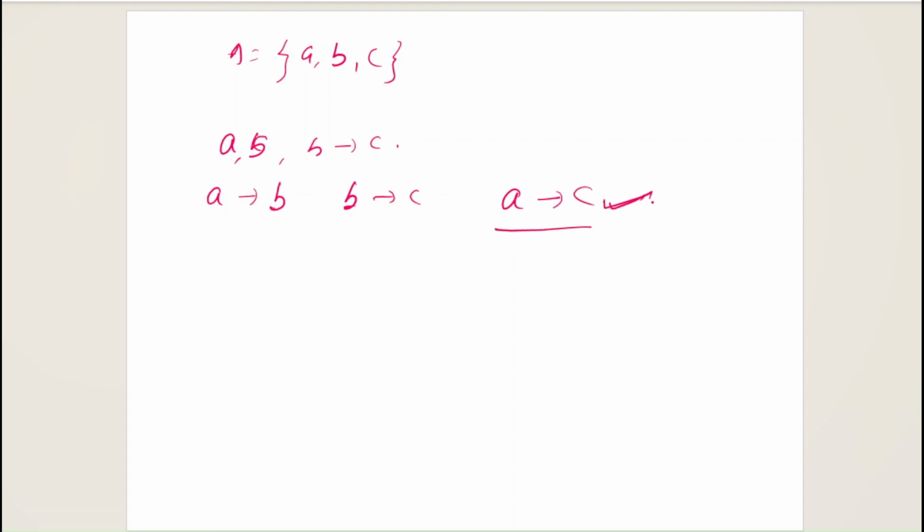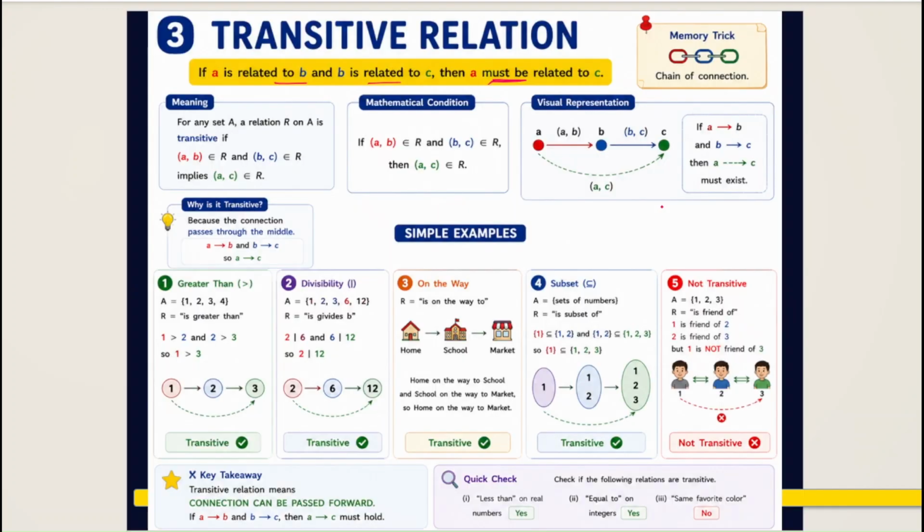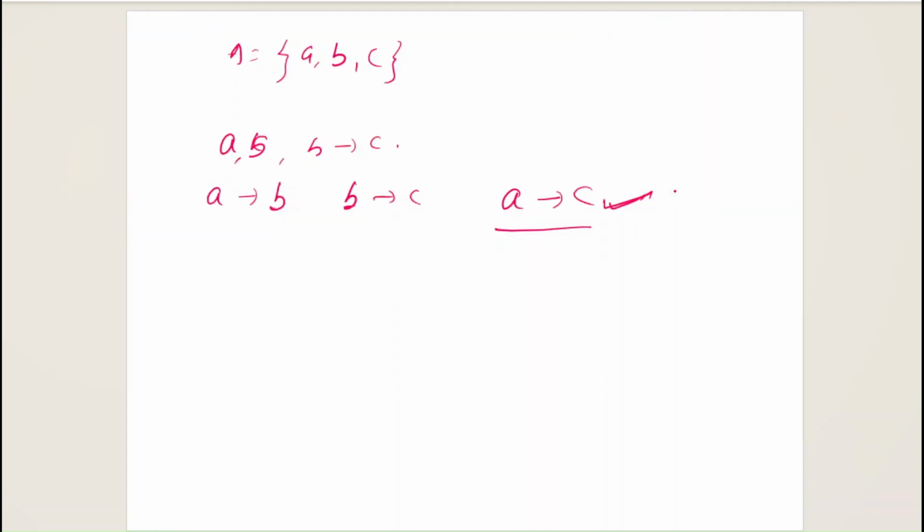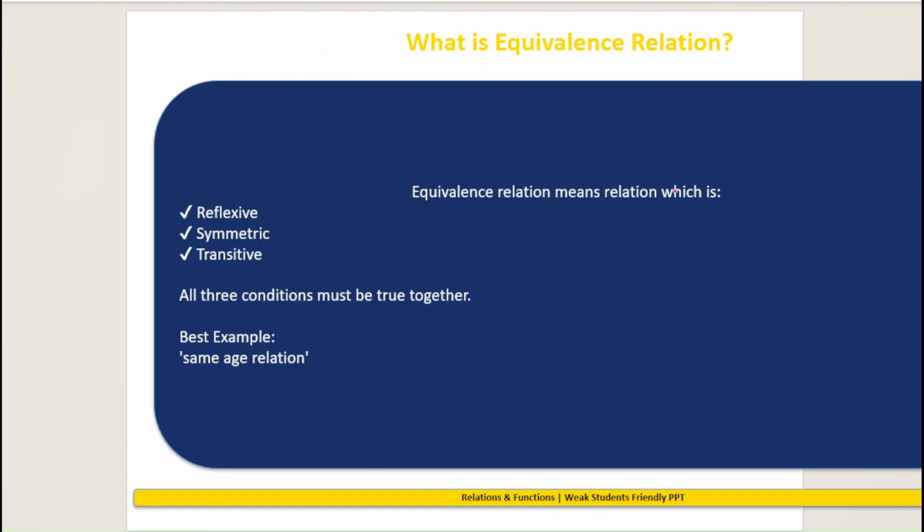This condition should also be fulfilled. Then only such a relation is known as transitive, right? If A is related to B, B is related to C, then there must be a relation between A and C. It will come to you in the examples, so that is why I'm just going through the definition.